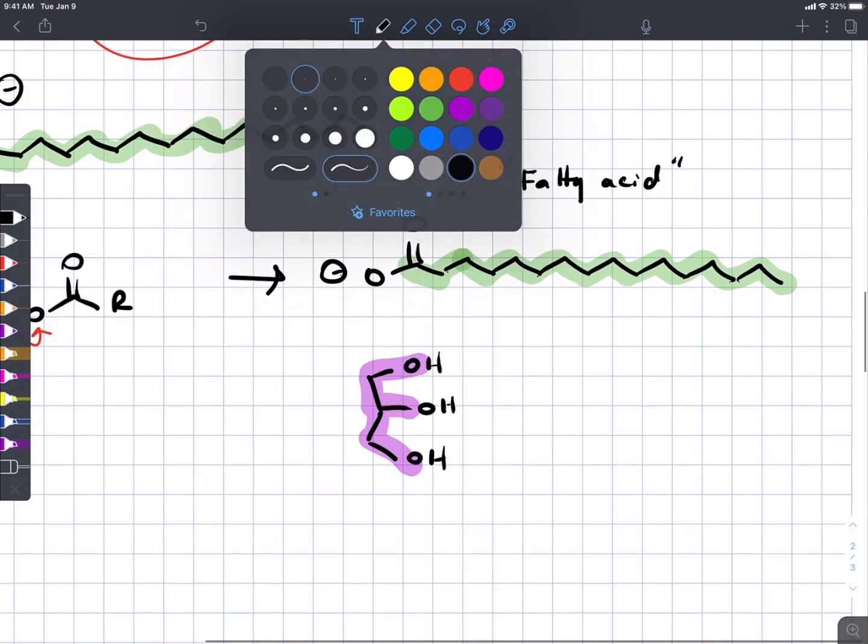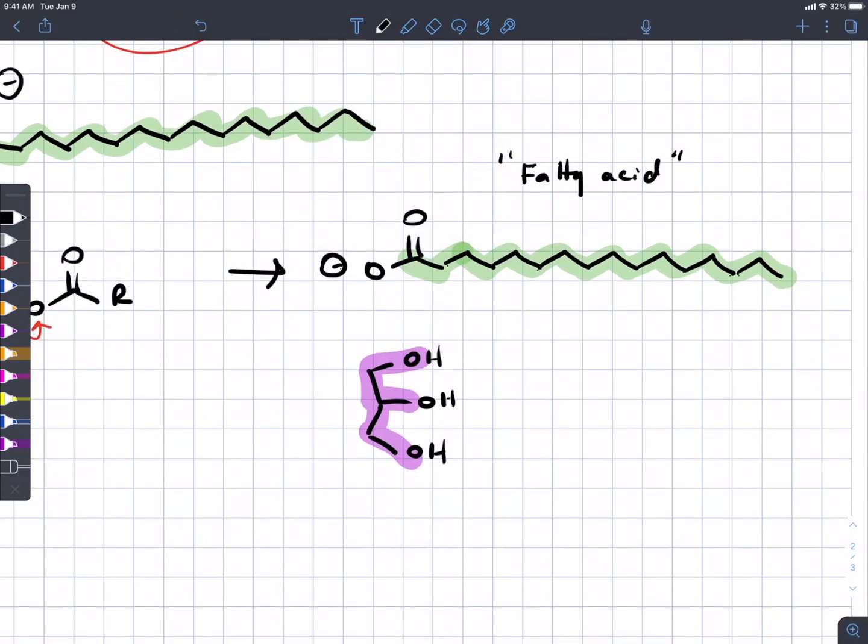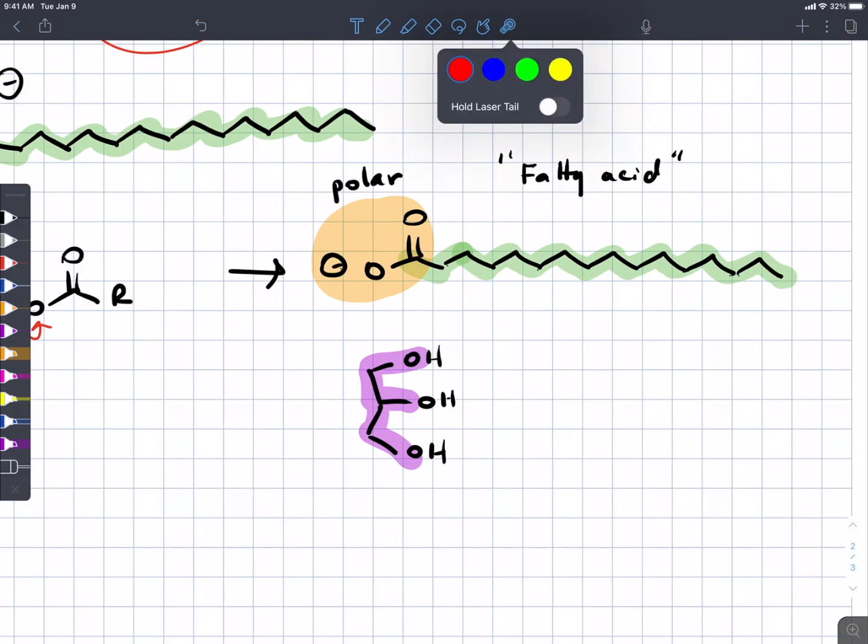And the long chain fatty acid has a carboxylate that's negatively charged up at the front. And this is sort of a polar head group, and then it has a non-polar tail. And of course, the polar head group is going to be able to interact with water, but the non-polar tail will not because of the hydrophobic effect, which you learned about in 351.